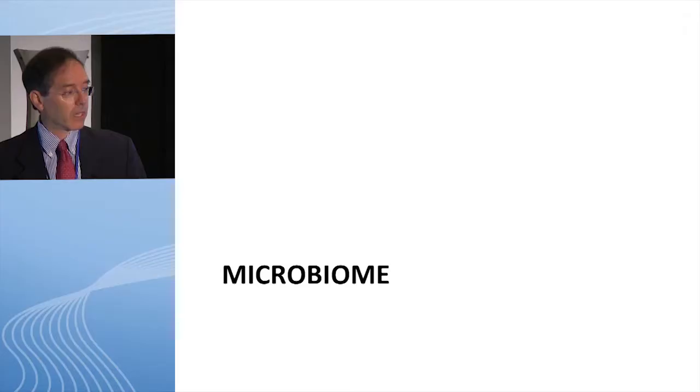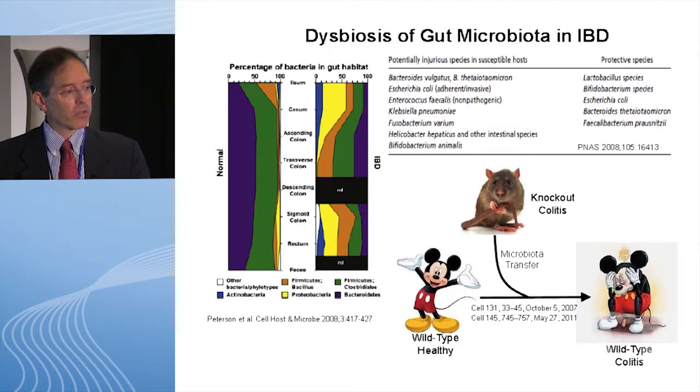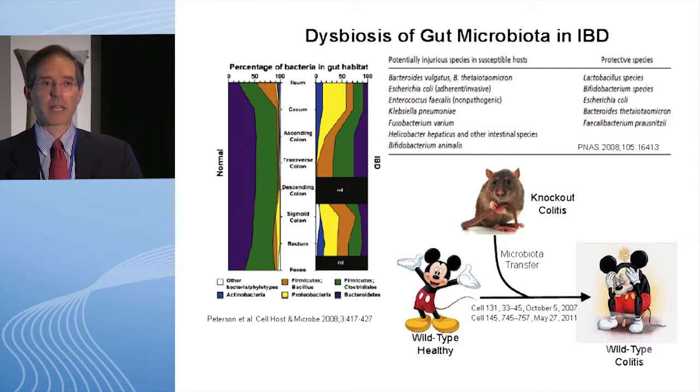When we look at the microbiome, we know that there's a dysbiosis of the gut microbiota in IBD, and certainly not just from knockout models, where you can worsen colitis with a certain set of bacteria, but increasingly we're defining the microbiome as being a more restricted set of bacteria.